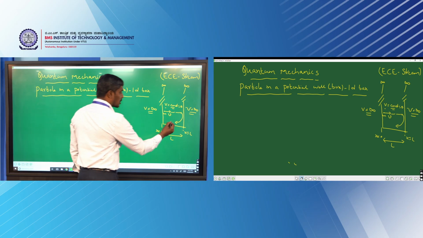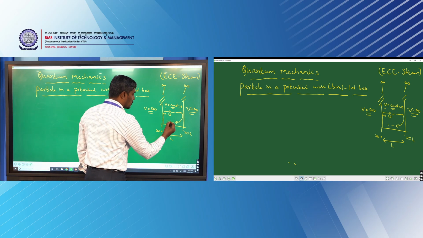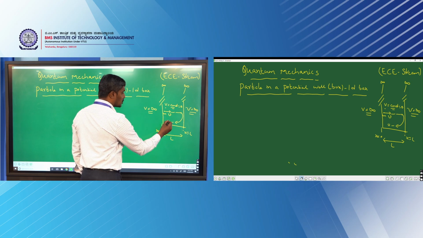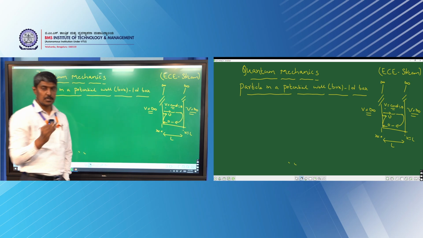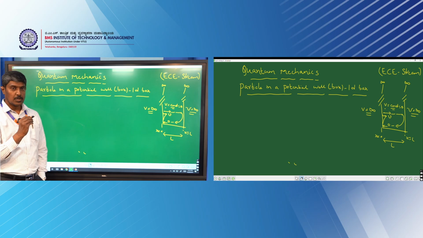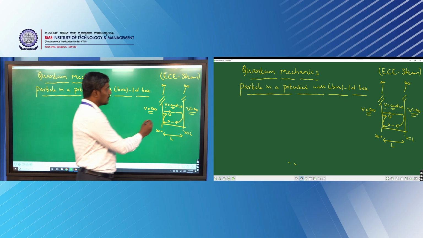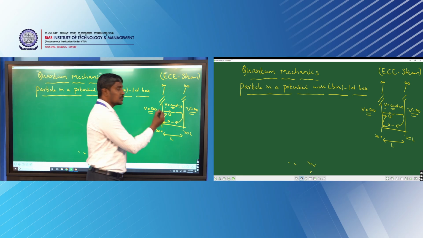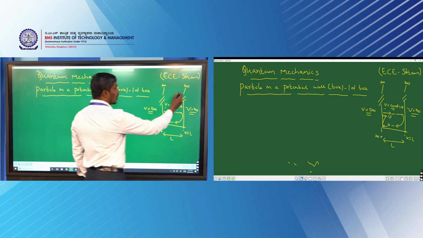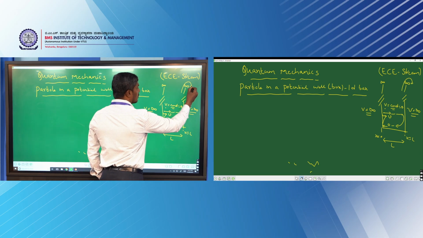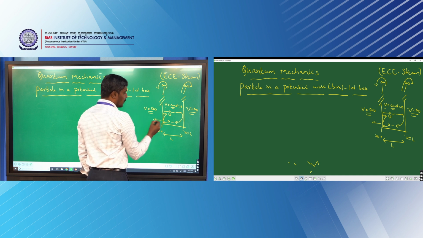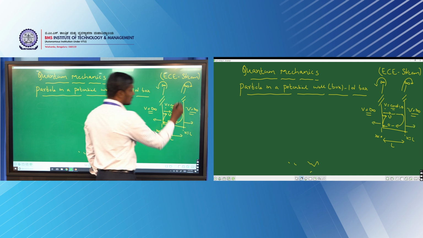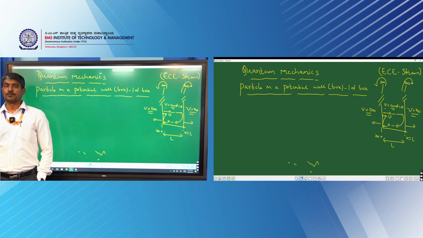Again it moves with the same velocity v, and after reaching this side of the wall, it rebounds back. So the particle is free to move only between the walls of the potential well. It cannot come out by crossing the infinite height, because infinite potential is present.